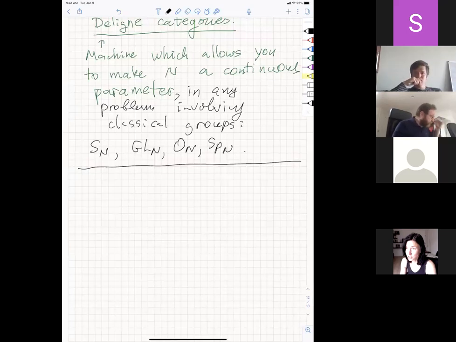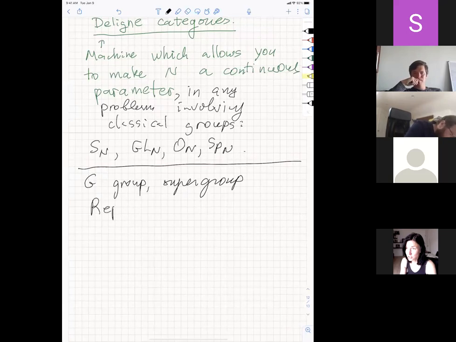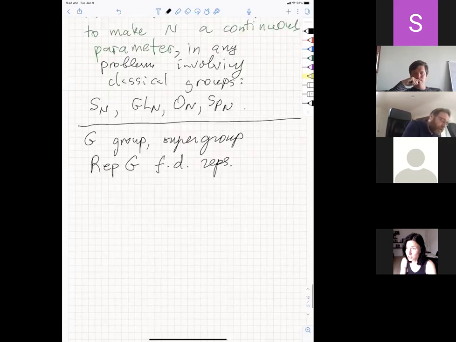So let me explain first where it came from. So there is this notion of symmetry. If G is a group or supergroup, then you can consider the category of finite dimensional representations of G. And what kind of a category is this?